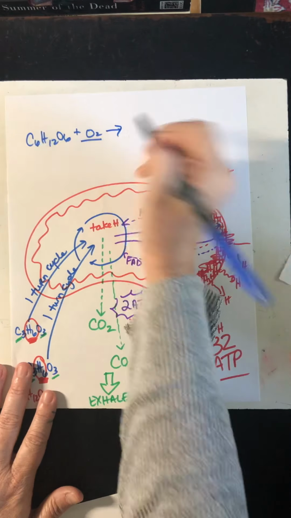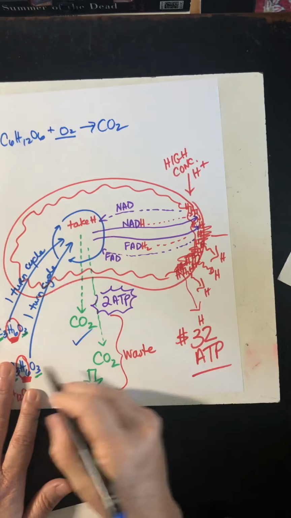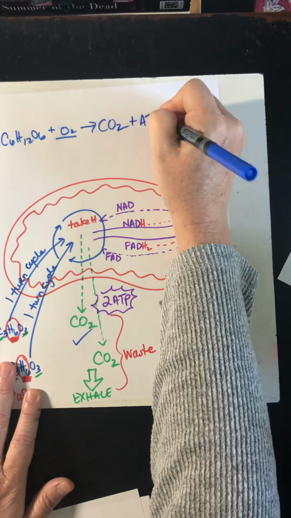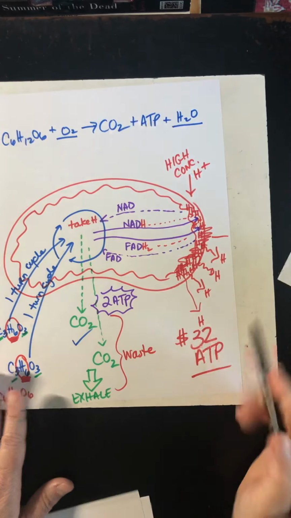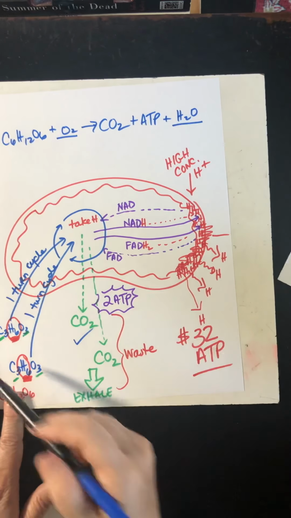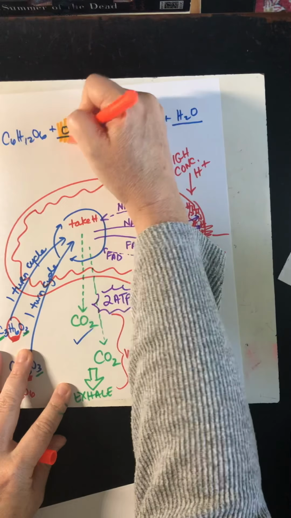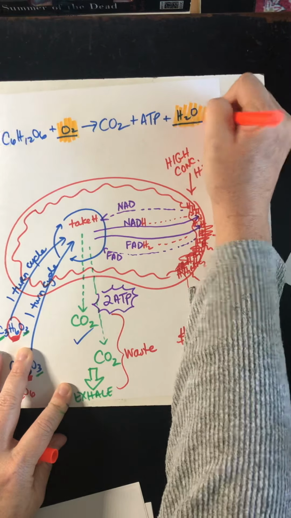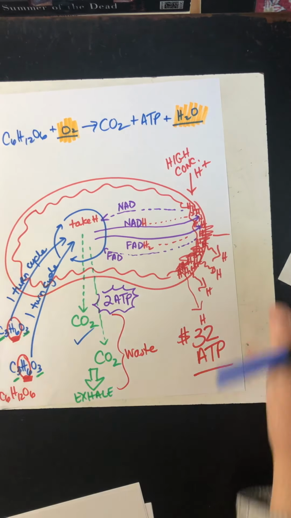And it's going to give us carbon dioxide. We got that. It's going to give us ATP, which is energy. We got that. And then it's going to give us water. Not talked about yet. All right? So the two molecules that I haven't said anything about are about to come up. Okay? So here's where oxygen is so important and why you breathe it in.